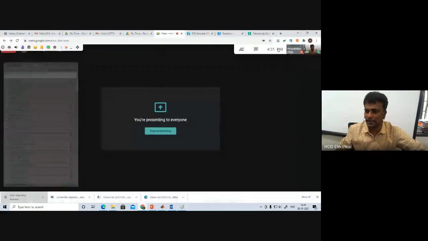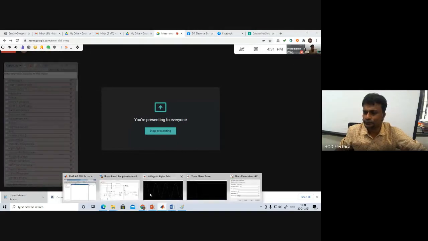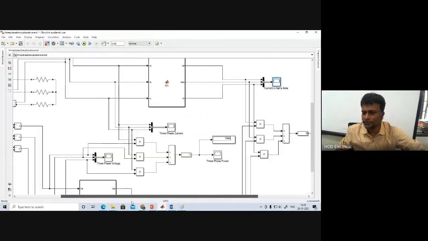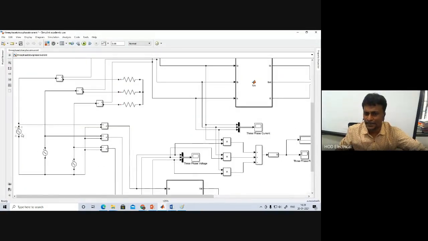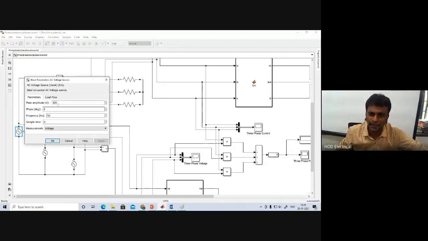Let me open my MATLAB simulation. See here, a three phase supply with 120-degree displacement. Let me take the first phase, where I have chosen the peak amplitude as root 2 into supply voltage 230, so 325. Phase is 0, frequency is 50 hertz and sampling time is 0.